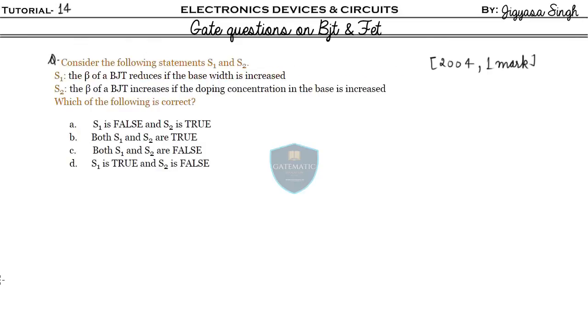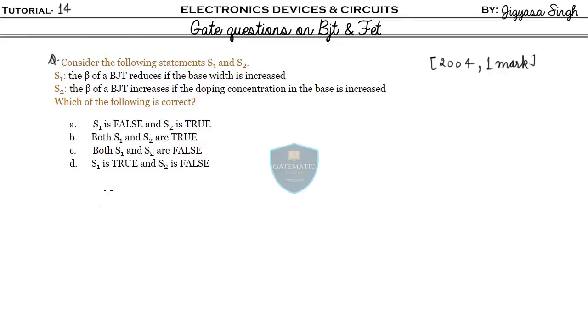Consider the following statements. Statement 1 says the beta of the BJT reduces if the base width is increased, and statement 2 says the beta of the BJT increases if the doping concentration in the base is increased. We have to tell which one is false and which one is true.